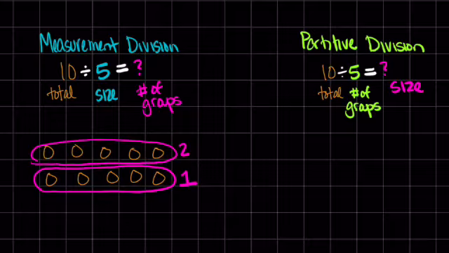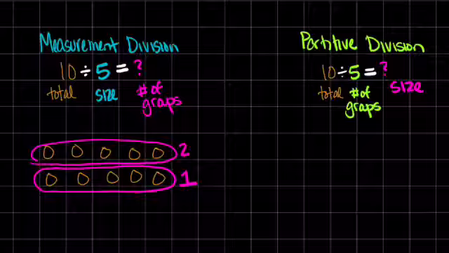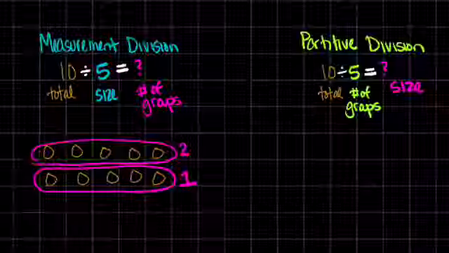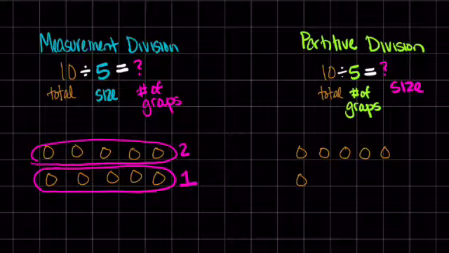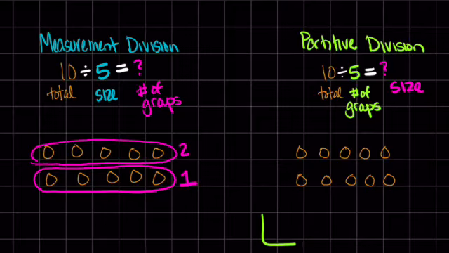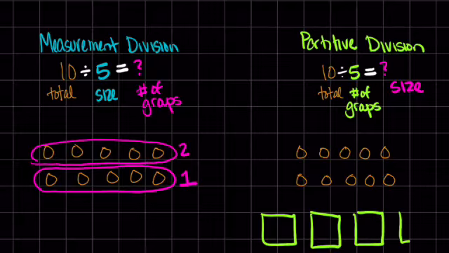Okay, so I'm going to make 5 groups. And I'm going to partition out each of my objects. All right, so 10 is my total. I have 10 objects. And this time I know there are going to be 5 groups, so I'm going to create my groups.